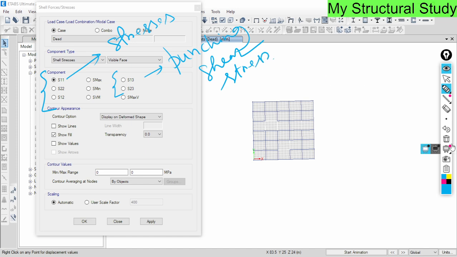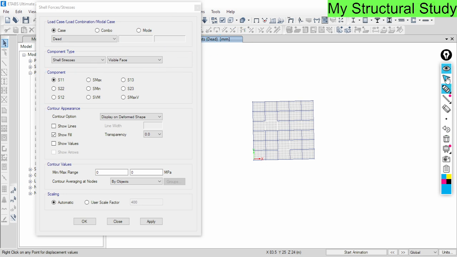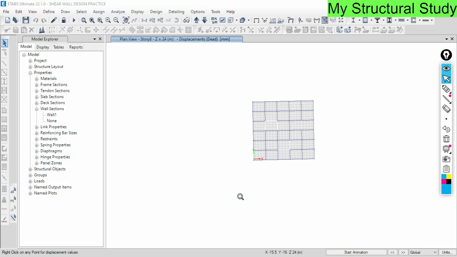So from here we can find out the different values of stresses or moments, or axial forces. All these things we can find out from here. So this way local axis arrangement system works in the ETABS software.